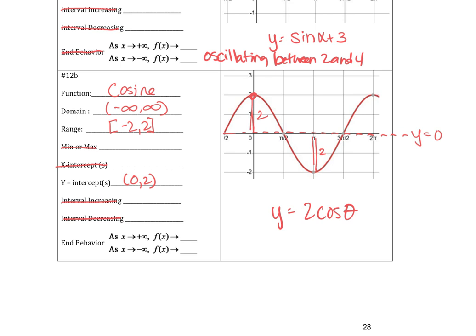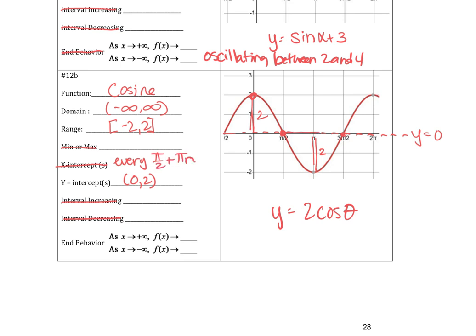Again, the max and the min, you'll talk about next year. Also, the x-intercepts, it occurs at pi over 2, just to give you a little bit of an idea. So it's every pi over 2 plus pi n.